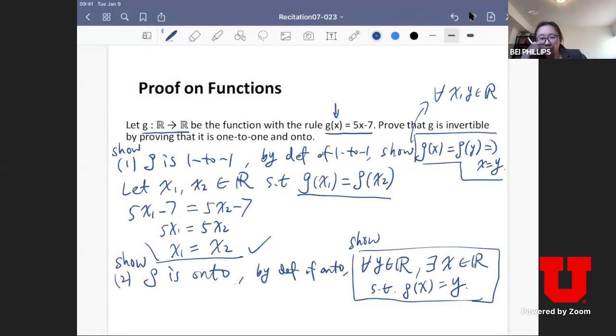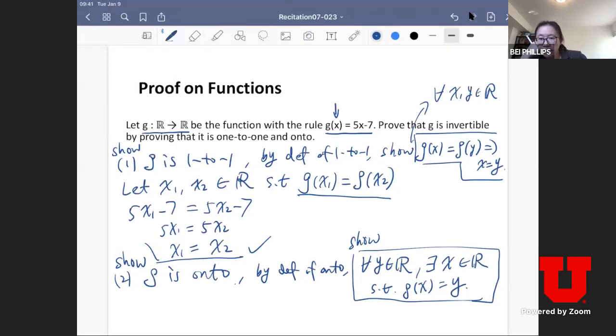So you actually have to prove by the definition of one-to-one function to show that for any pair, if G of X is equal to G of Y, then we want to show X equals Y. You can use examples to convince yourself the statement is true, but you need to use algebra to prove this.